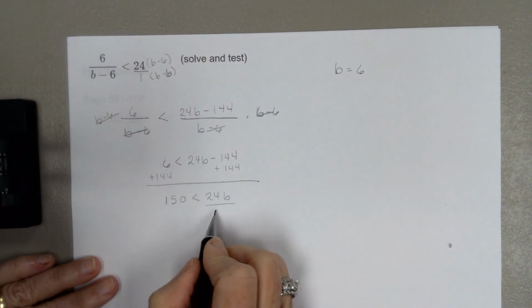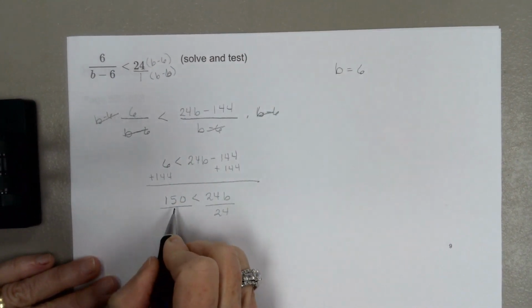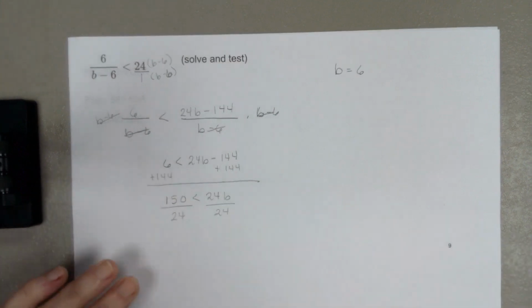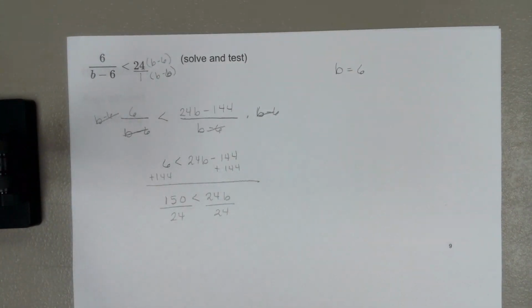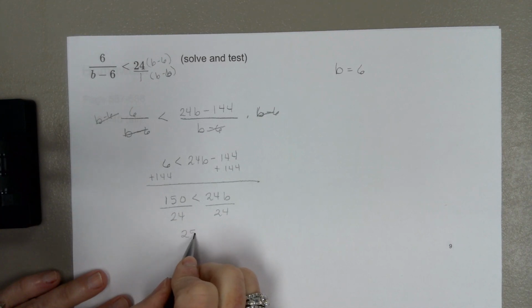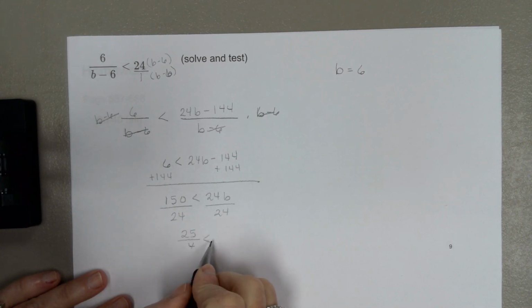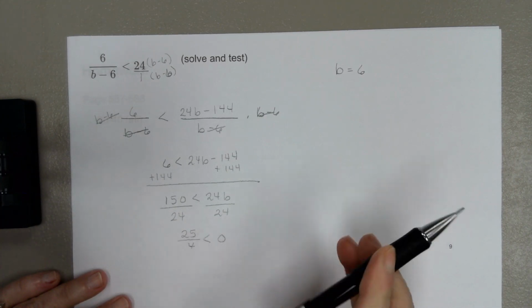And when I divide by the 24, it's going to give me a decimal value, which I can go back and convert. So it's going to give me 25 over 4 is less than b.